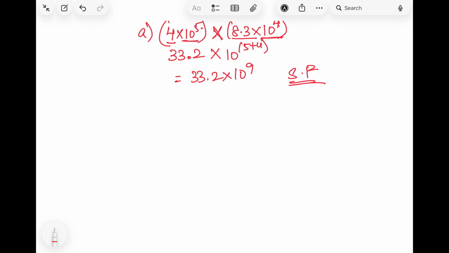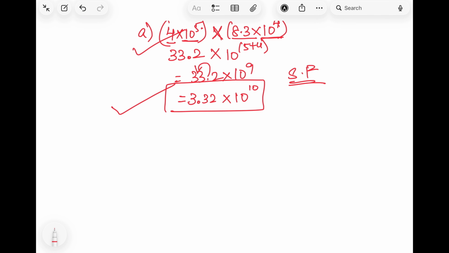How do I write it in standard form? I have to shift this decimal. So this becomes 3.32 into 10 raised to 10, because the decimal point is moving towards the left side. So this is the way of calculating and then writing the answer only and only in the standard form.